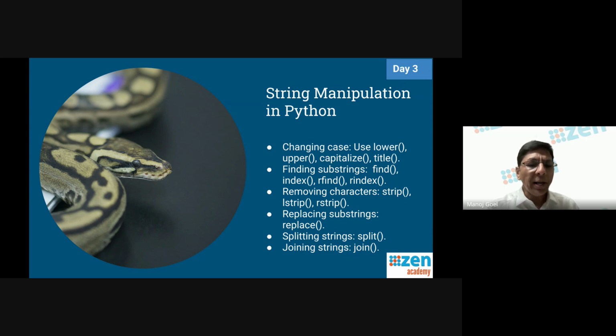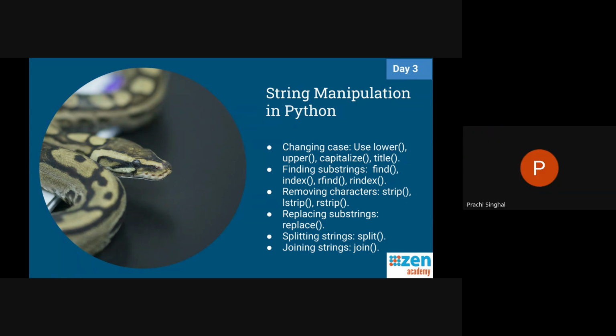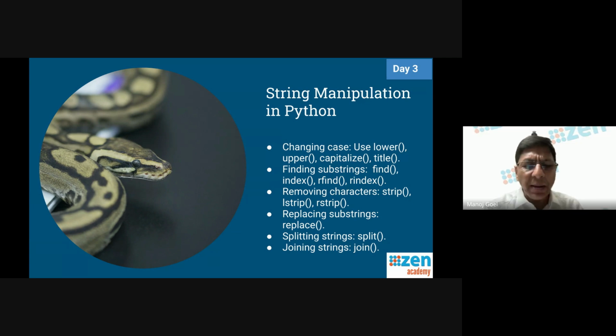See, if you press capital A on the keyboard, every character you type on the keyboard has a corresponding numeric value associated with it, and we call it ASCII.